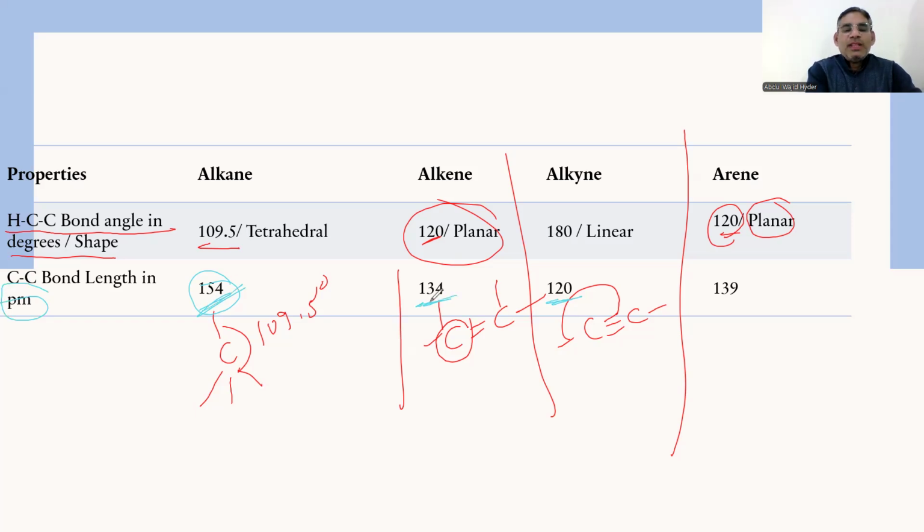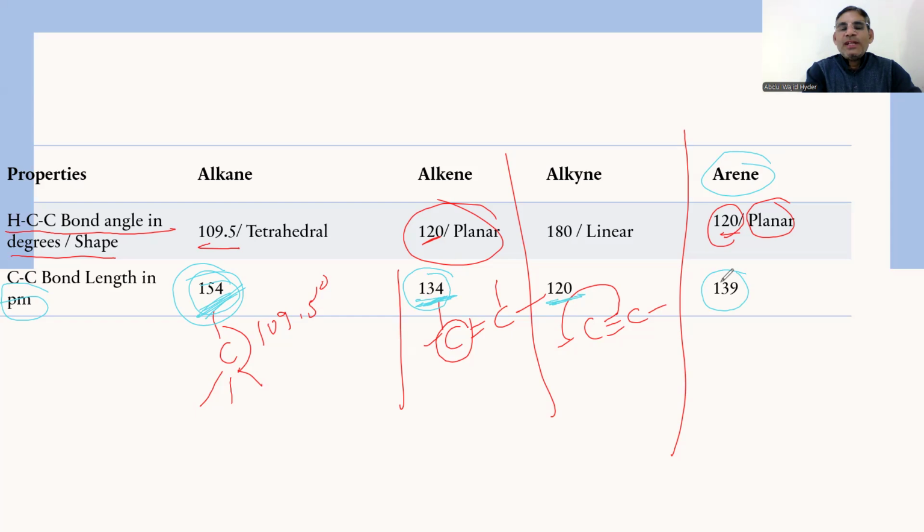154 picometer, 134 picometer, 120 picometer, and this arene, their CC bond length will be greater than alkene and lesser than alkane. So greater than 134 and lesser than 154. Reason is resonance. Since in this arene, alternate pi bonds are there, so we'll be showing resonance.